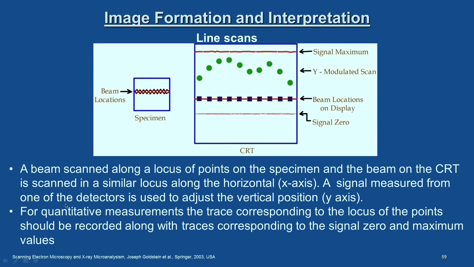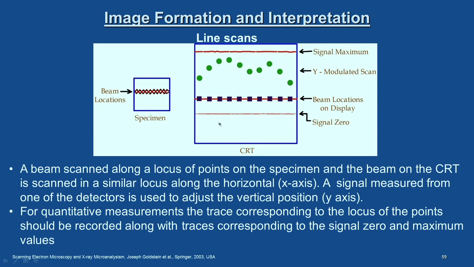A signal measured from one of the detectors is used to adjust the vertical position. You can use the backscattered electron or characteristic X-ray signal to adjust the vertical position, and this kind of signal is very useful for quantitative measurements. The trace corresponding to the locus of the points should be recorded along with the traces corresponding to the signal 0 and maximum values.